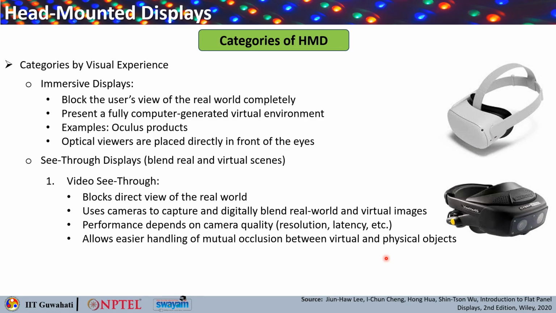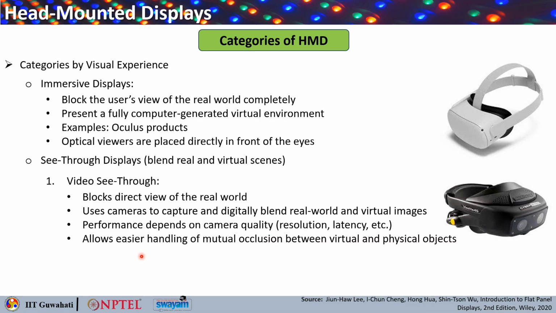The second category is called see-through displays. See-through means you are actually able to see the real world, and it blends the real and the virtual scenes. Okay. Here also there are two types, one is video see-through. That blocks direct view of the real world, but rather uses a camera to capture the real world and then digitally blends the real world and the virtual images.